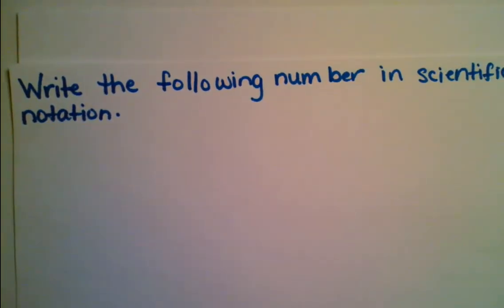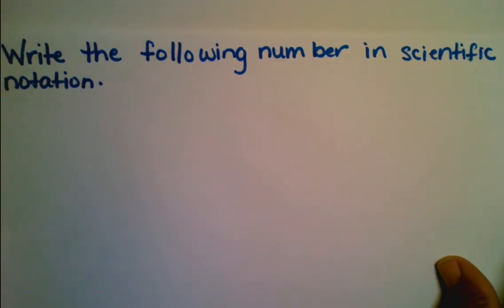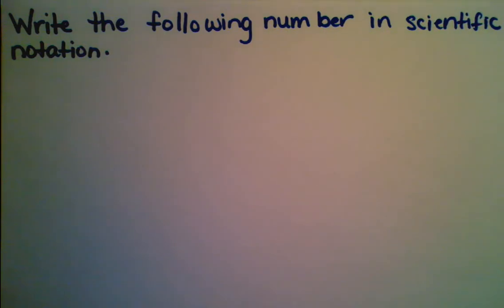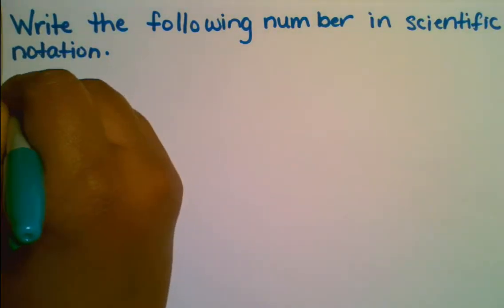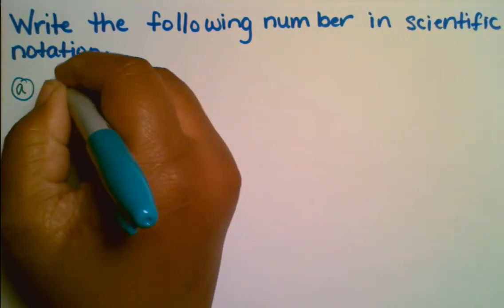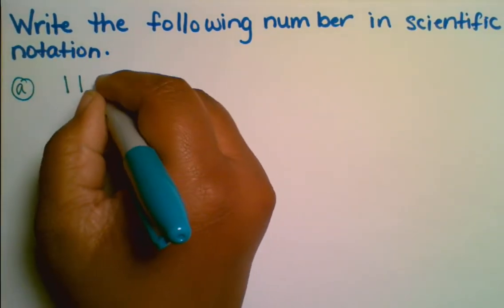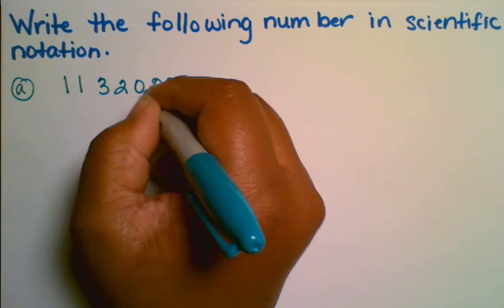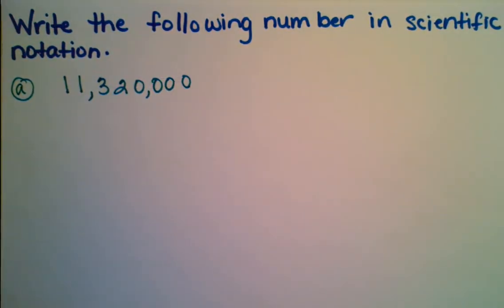So for example, 11,320,000. We want to write this number in scientific notation. Well, the rule says locate the decimal point.